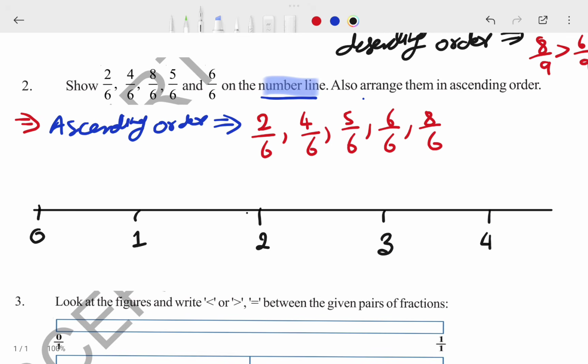Generally these are the numbers, and the middle of 0 and 1 is called 0.5, the middle of 1 and 2 is called 1.5, the middle of 2 and 3 is 2.5, and the middle of 3 and 4 is 3.5. Generally these are our number system, like 1, 2, 3, 4.